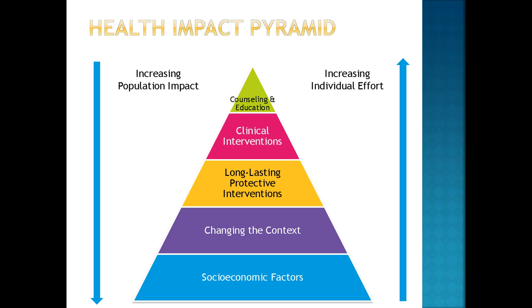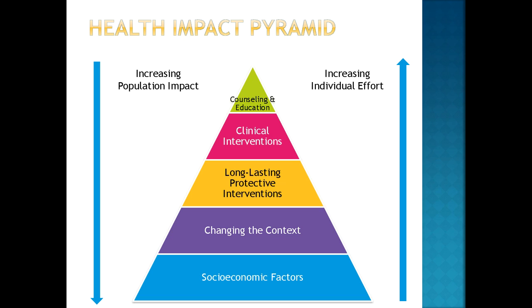The third level is long-lasting protective interventions, like vaccinations, screenings, or other interventions that help prevent disease. Again, we're getting to that prevention aspect. These have a larger population impact, but they still require people to make a choice in order to benefit from it.